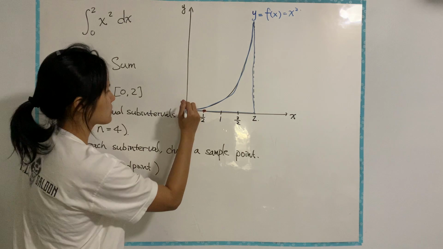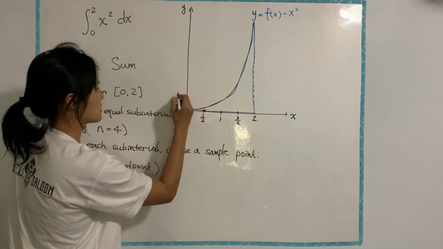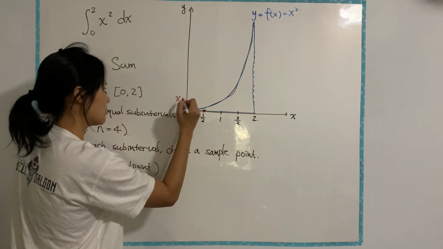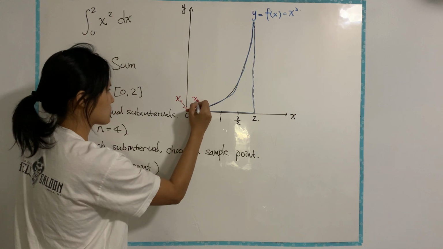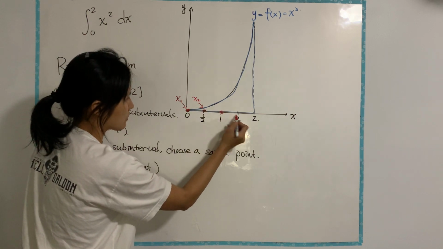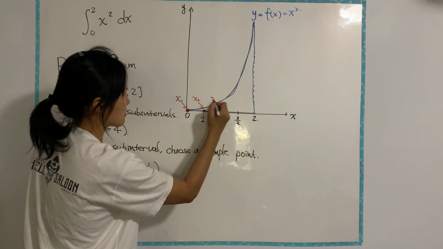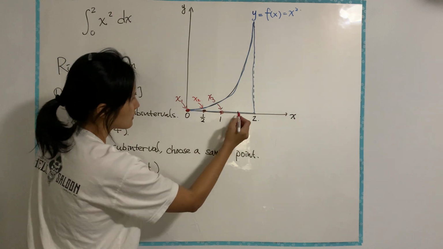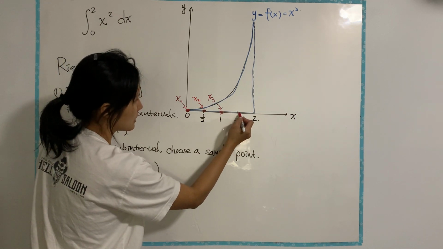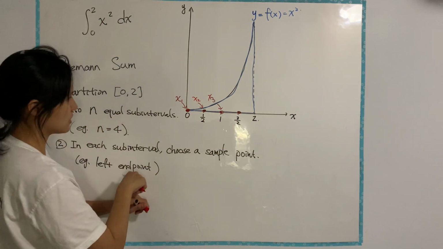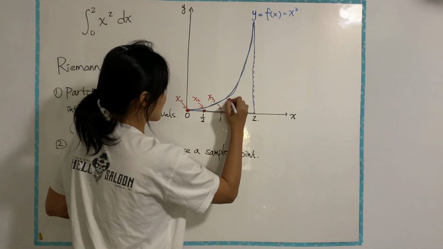For the third interval, let me actually mark it. So let's call this x1, and let's call this x2. And for the third interval, let's call this x3. For the last interval, the fourth interval, let's again choose the left endpoint, and that's x4.